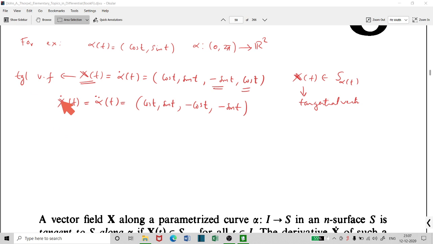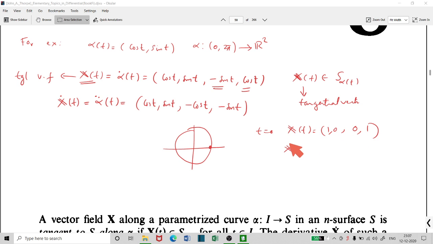Now we consider this X dot t. You can easily verify that this is not tangential. If you consider this vector field at the point t equal to 0, then what is X of t? At the point (cos 0, sin 0), that is the point (1, 0), it assigns the vector (0, 1), that is (minus sin 0, cos 0).